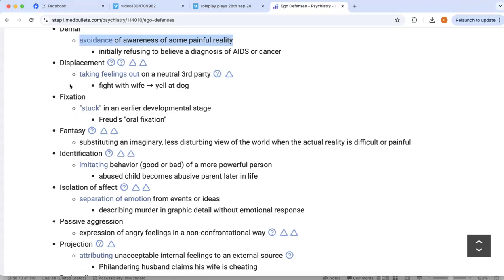Instead of having the dinner, you started yelling at your parents and said that everything wrong is because of you. So what you did is you had a fight with your boyfriend, but you displaced that anger to someone who has nothing to do with what happened. A neutral third party. Taking feelings out on a neutral third party is what we call displacement.